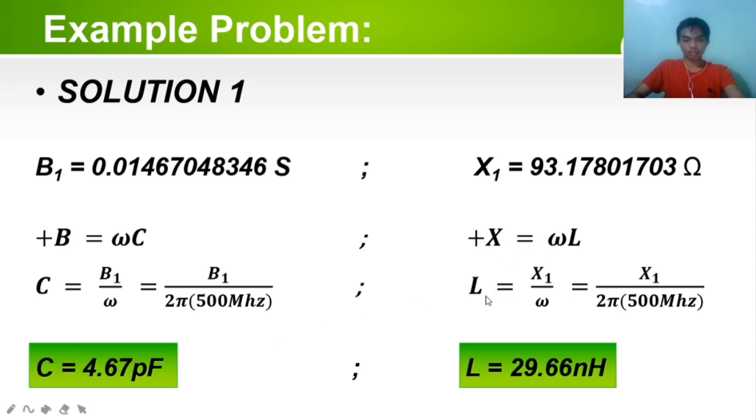For the inductor, the reactance is divided by omega, or 2 pi times 500 megahertz, resulting in 29.66 nanohenry. So this is the final answer for the inductor.